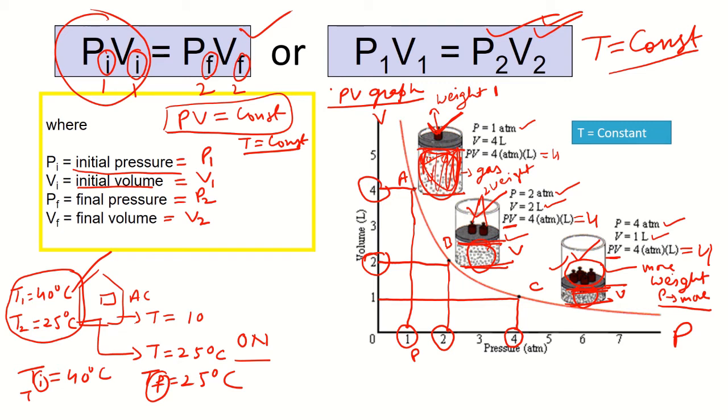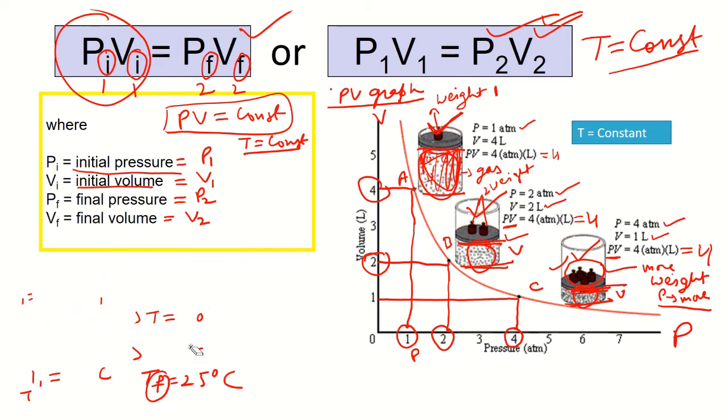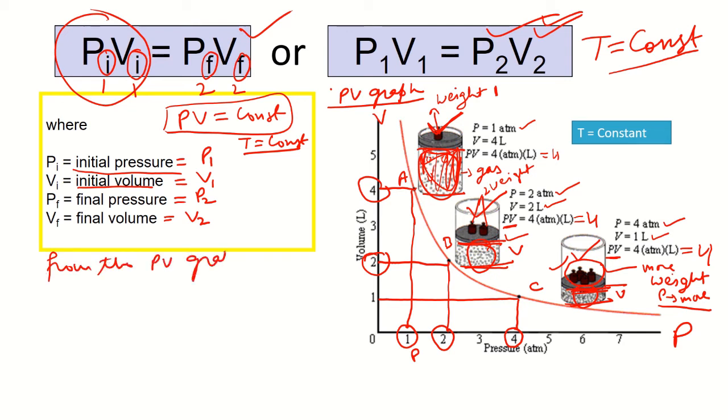Now let's collect the data from the PV graph for the point A. For the point A, the value of PV is coming 4.